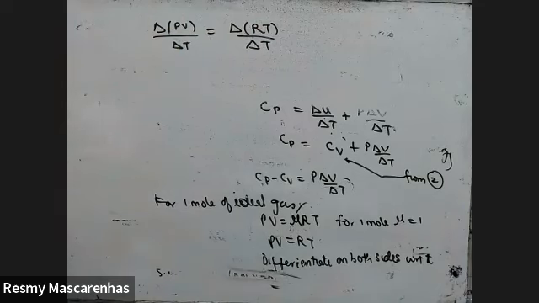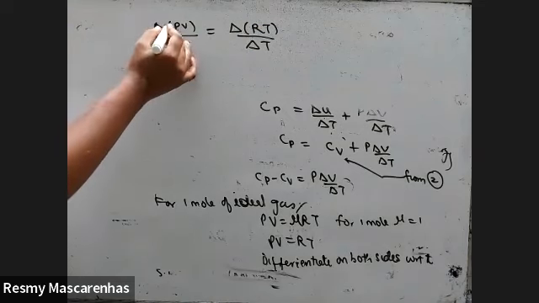Now whatever is constant will always come out of the derivative. Over here P is constant, since under constant pressure we are doing this second case.